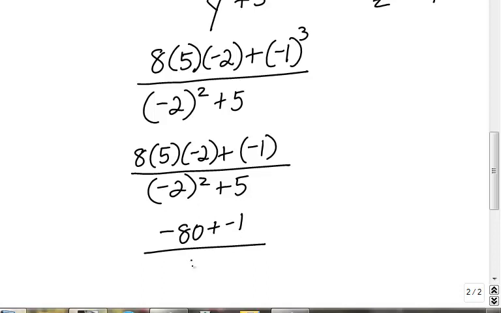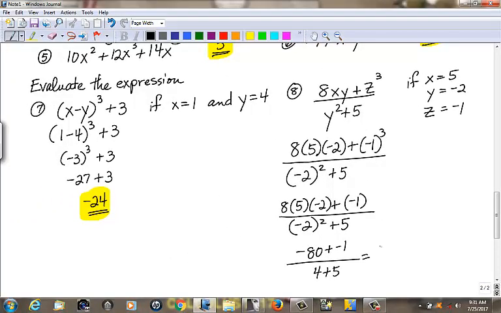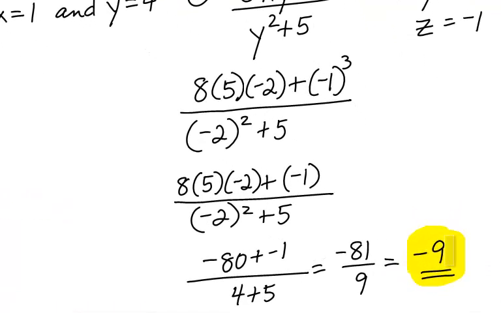Negative 2 squared would be 4 plus 5. Okay, so we'd end up with a negative 81 divided by 9, which would end up to be a negative 9. Okay, and highlight or put a box around it, circle it, double underline it, something to indicate your answer. Okay? Okay, that should be enough to get you started.